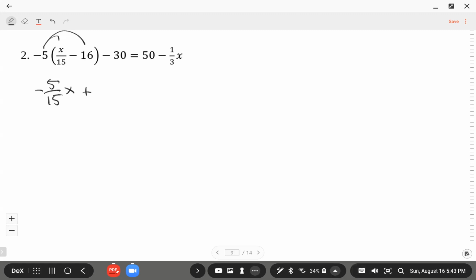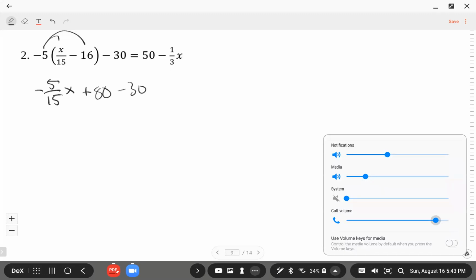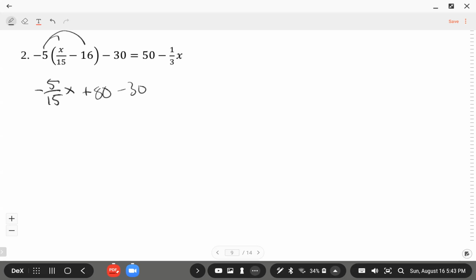So remember that turns into a positive 80. And then we have this negative 30. Okay, so let's simplify this. 80 minus 30 equals 50. We can simplify that real quick first.